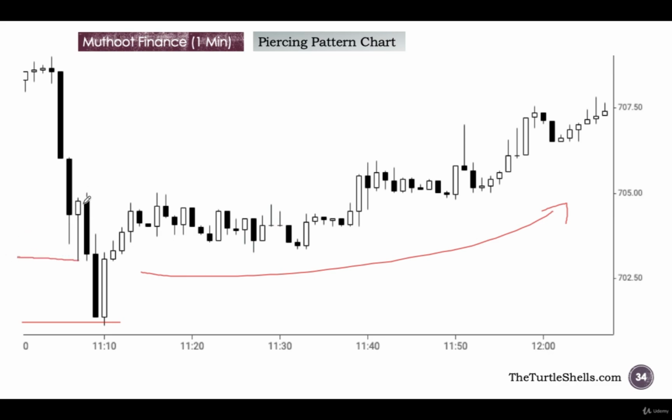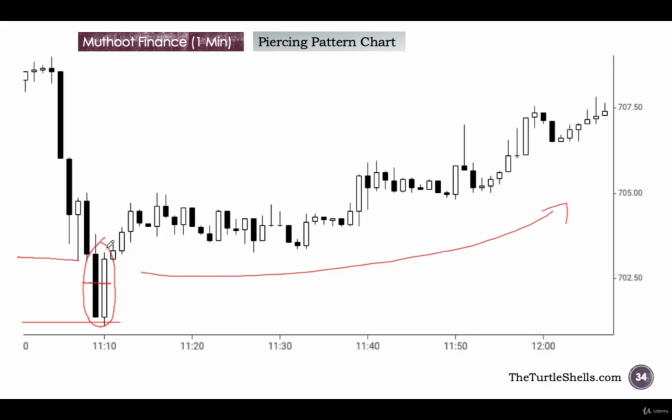The reason why this is a hammer, just to give you a quick revision, is that the height of the lower shadow is more than twice the height of the real body. That is why it is called a hammer signal. This is not a perfect piercing pattern, but because of the strong closing above the midpoint of the black real body, we call it a variation of a piercing pattern.